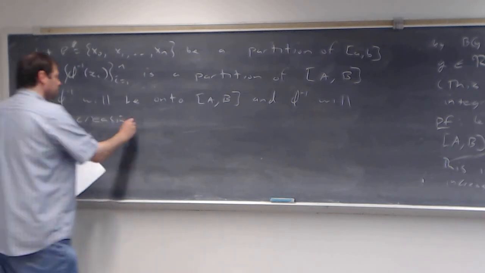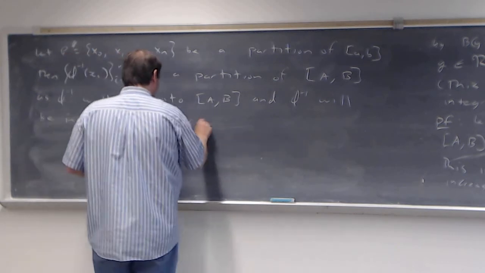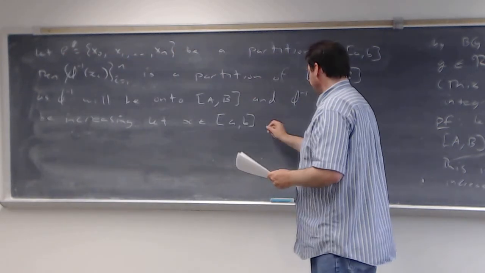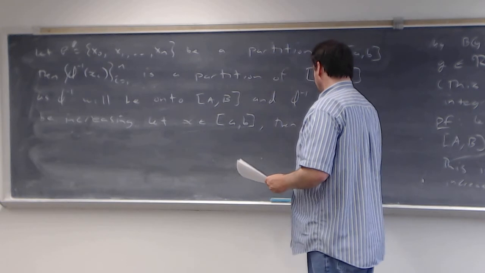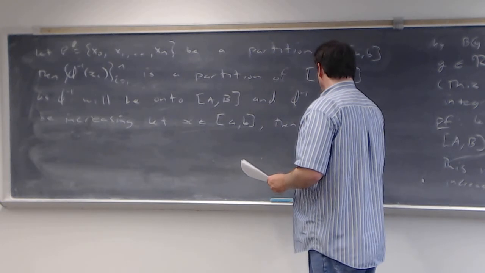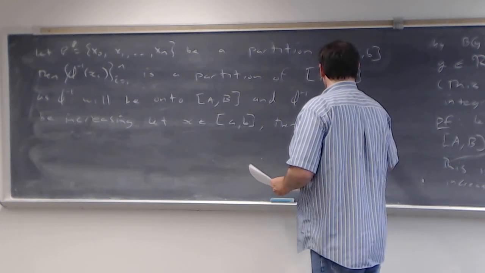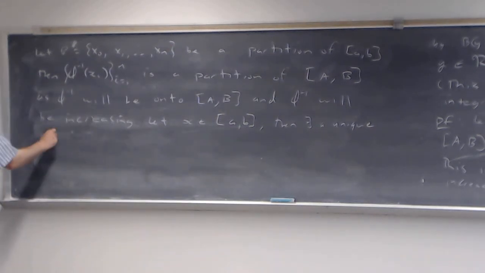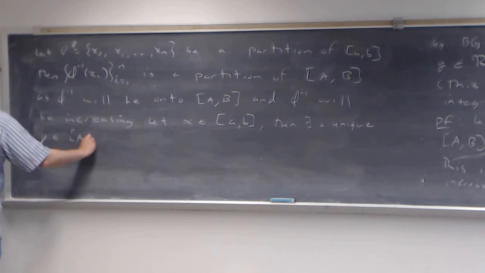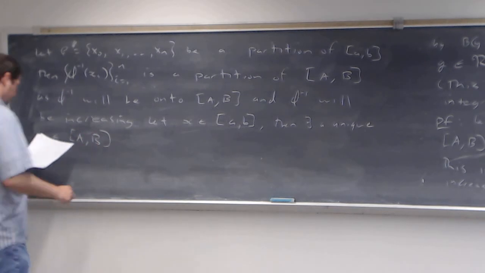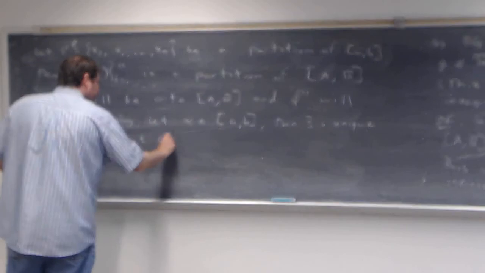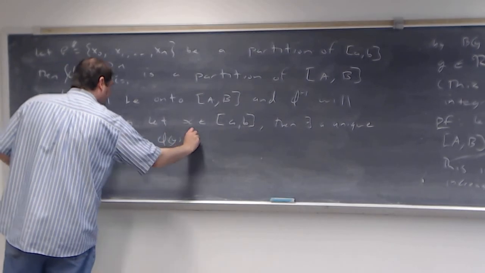Now, if we let x be an element of a to b, then there exists a unique y, an element of big A to B, such that phi of y is equal to x.